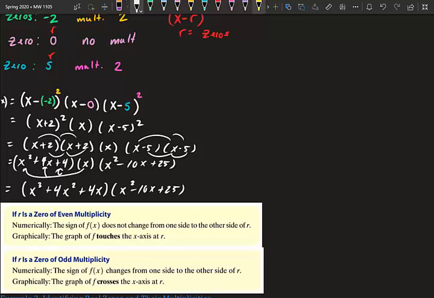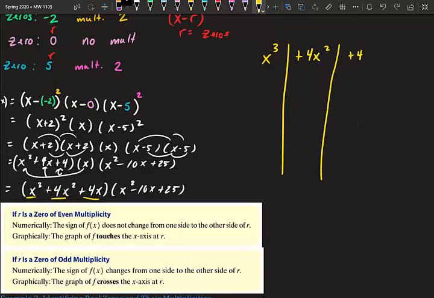So for our first one, we have 3 terms. So we have x cubed, plus 4x squared, plus 4x. Our next one, we have 3 terms again.